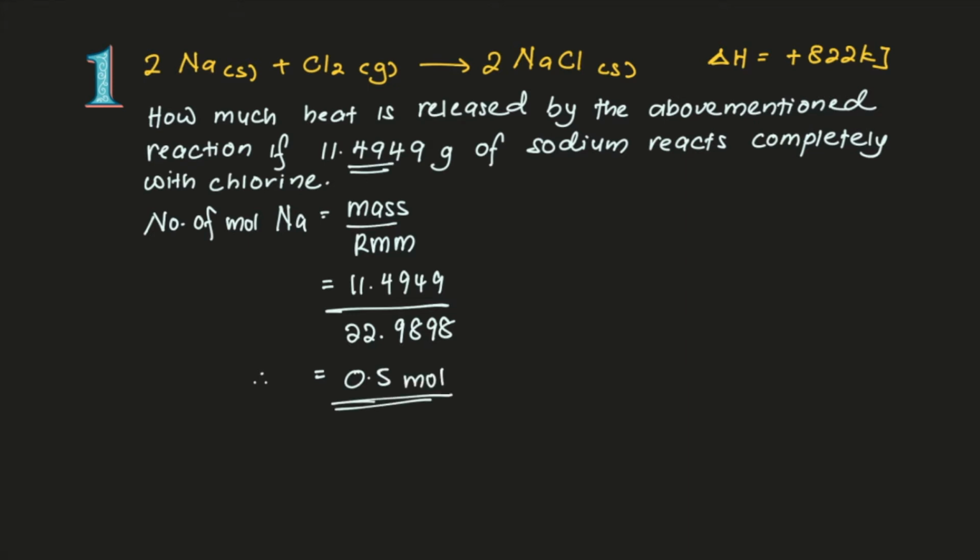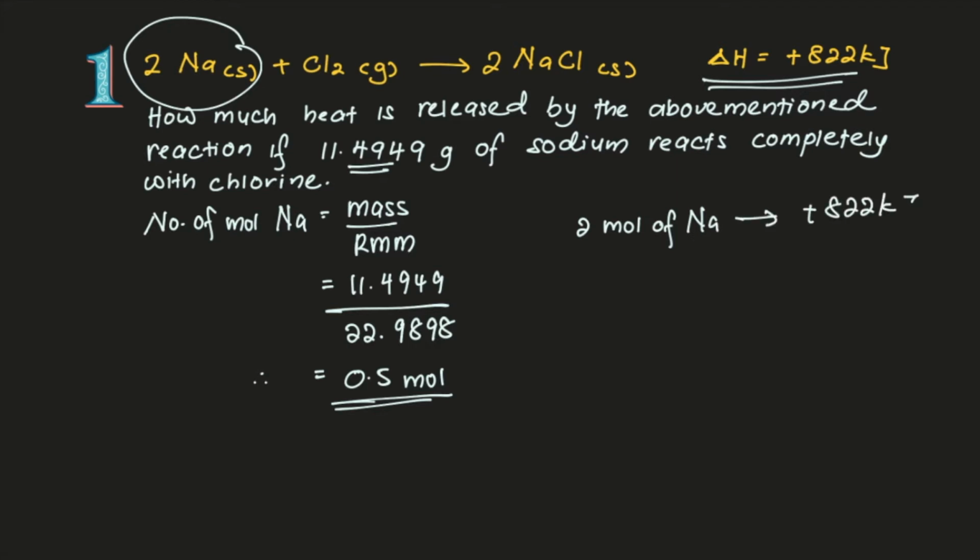Right. And then we need to look at the balanced equation given to you. So in the balanced equation, it states here that 2 moles of sodium will produce this much heat or energy. So 2 mole of sodium shall produce positive 822 kilojoule.